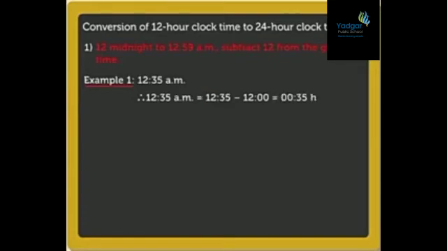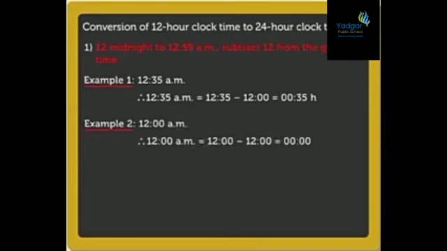We write it as 00:35 and we read it as 35 hours. 12 midnight will be equal to 12 minus 12 is equal to 0 hours.